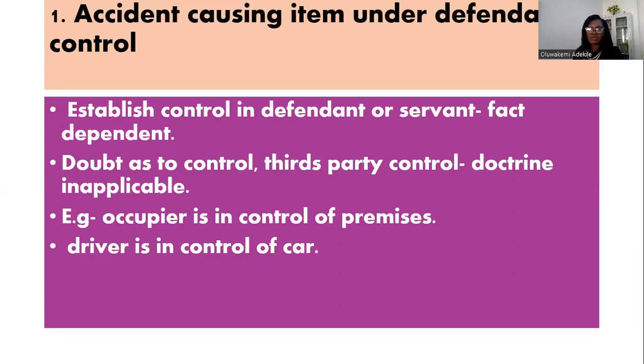If it's under the joint control of the defendant and other people, you may not be able to raise the inference of negligence against the defendant exclusively. There must be no doubt that whatever is the basis of the complaint was under the control of the defendant. For instance, if you are an occupier of a building, you know that you're in control of your premises. If you're a vehicle driver, you know that you're in control of the car.